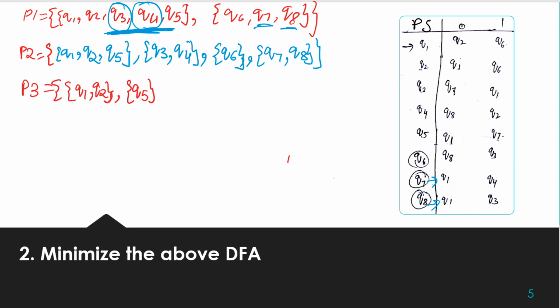We will be having Q3 and Q4 as similar states, being part of the same group. Same way we will be getting Q6 as an individual state, and also Q7 and Q8 are part of the same group. Okay, you can check for all these state groups.